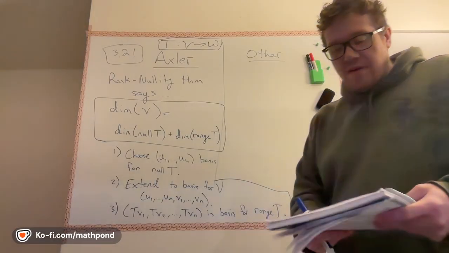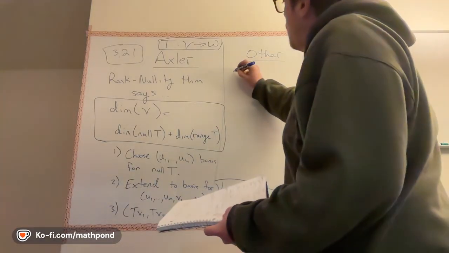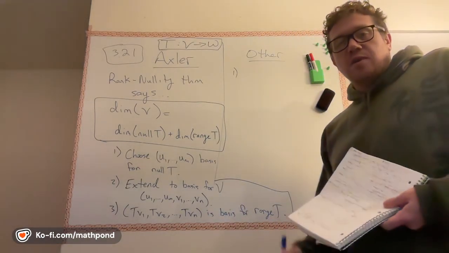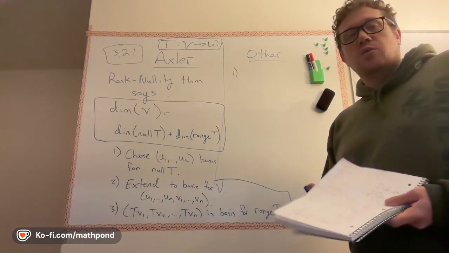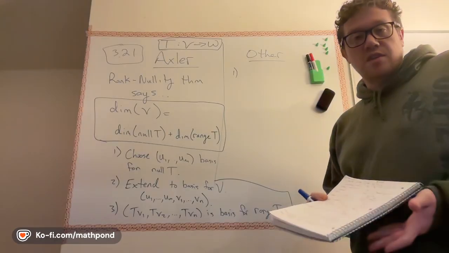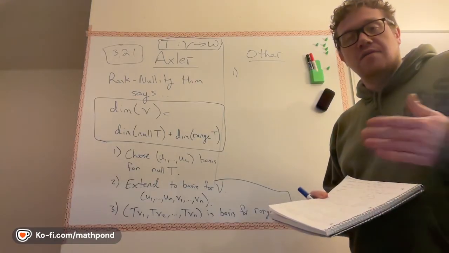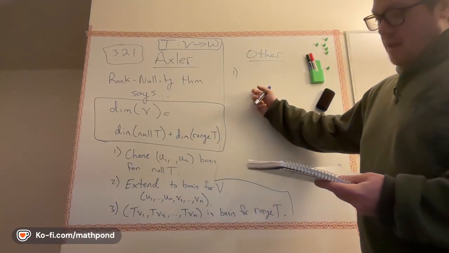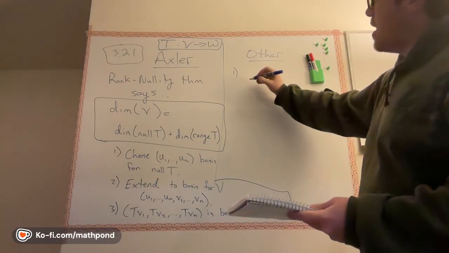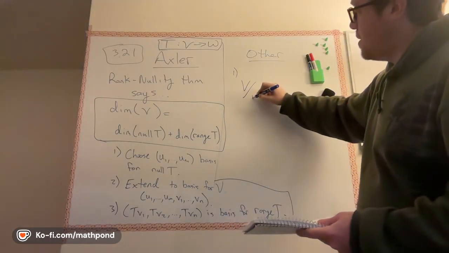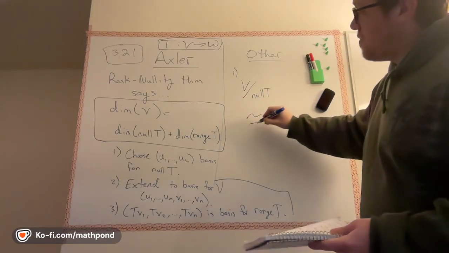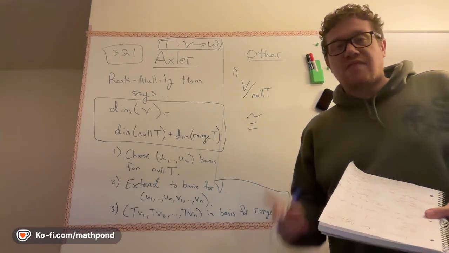So in the other way of thinking of it, in the fundamental theorem of linear algebra, there's actually an isomorphism between a certain quotient space. So you can take a quotient of a vector space, and that's also a vector space. So the other way of thinking of it is that we have V mod the null space, and this is isomorphic as vector spaces.